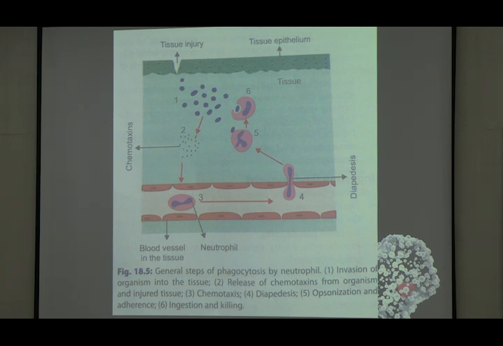And now the neutrophils traveling through the blood vessels can sense it. Hey, something is produced, I can hear firing. Let's go to the battlefield. So it is traveling, and this is the process of diapedesis. Now it is coming, engulfing, and then it will start digesting.